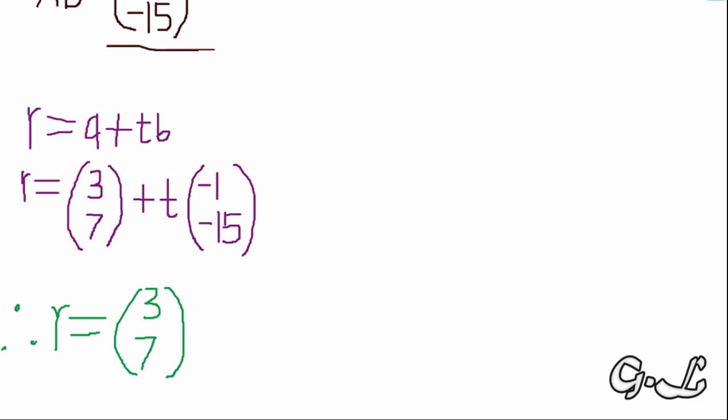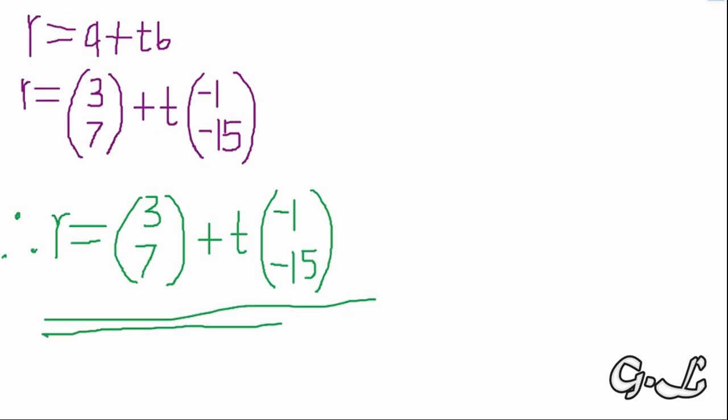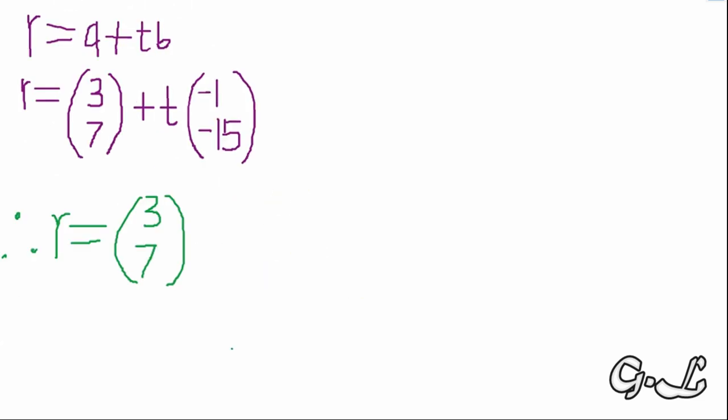So we have to say, therefore, R is equal to (3, 7). And then you need to mind that we can factorize the brackets which are negative 1, negative 15.